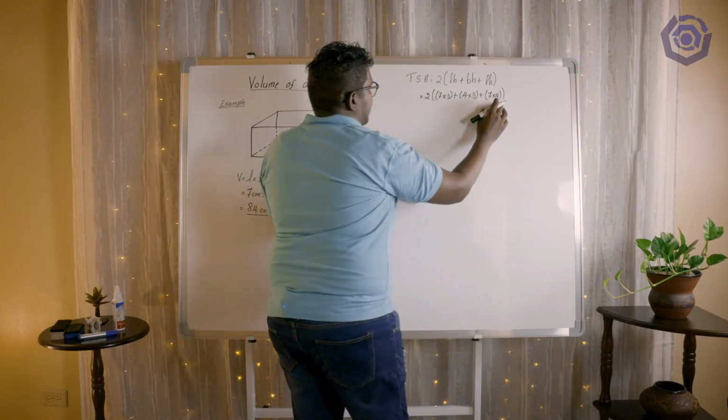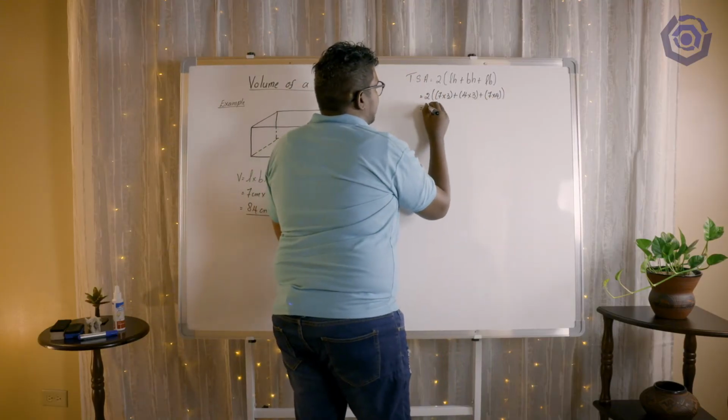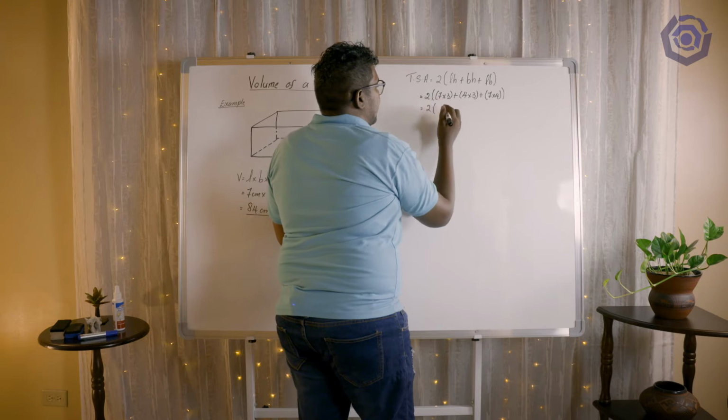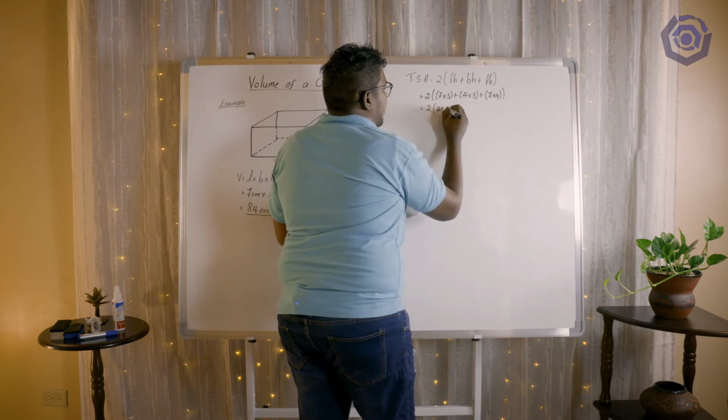So since we already substituted our values, let's simplify. 2 into 7 multiplied by 3 is going to give me 21.